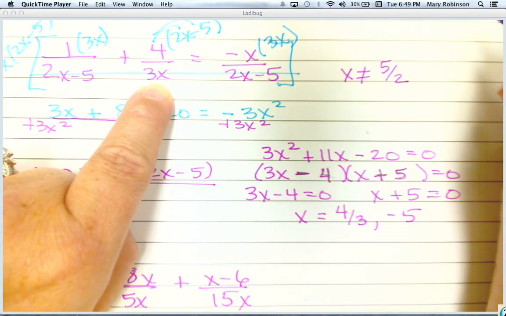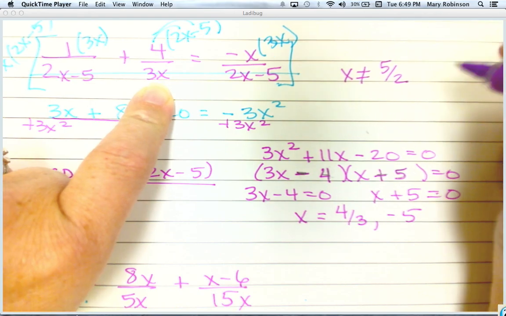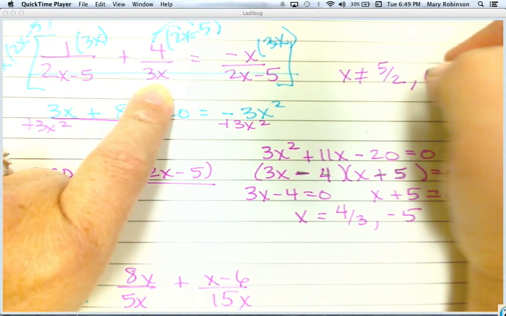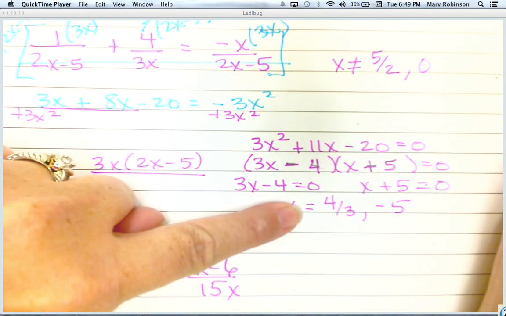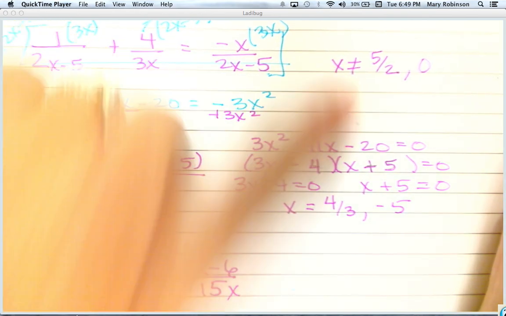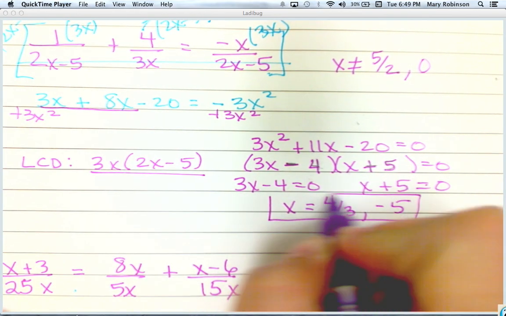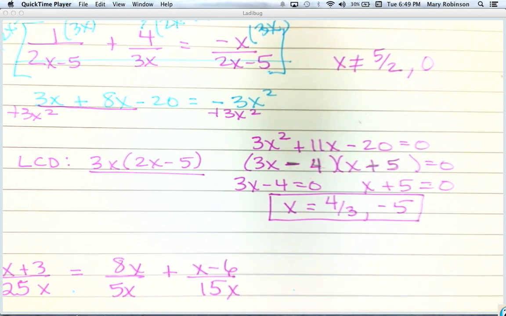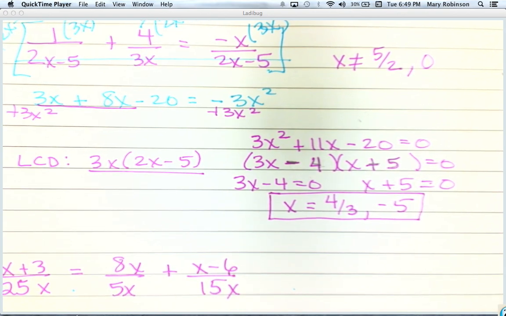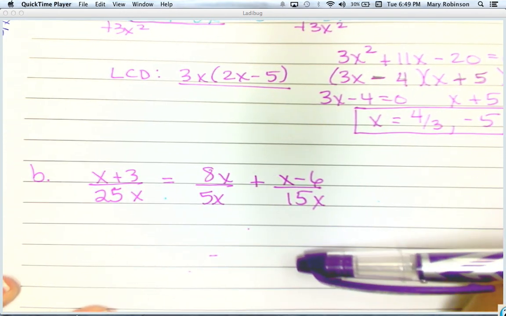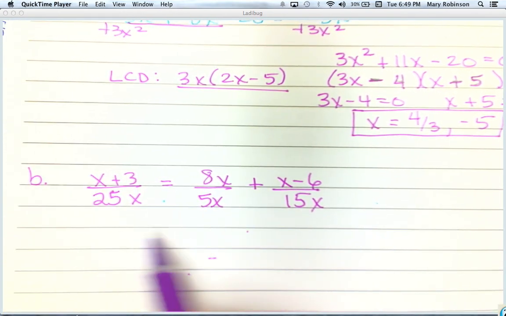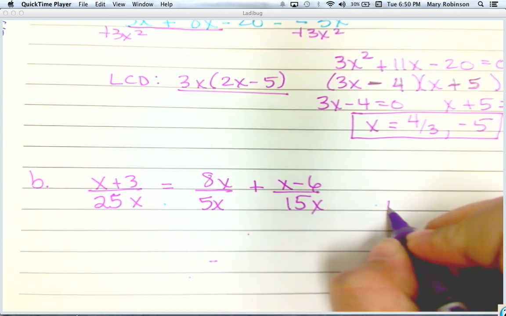If I have a denominator of 3x, so that it doesn't equal 0, I can't let x equal 0. So as long as our answers are not the same as our excluded value, then we can conclude that these would be the correct values. So 4/3 and -5.